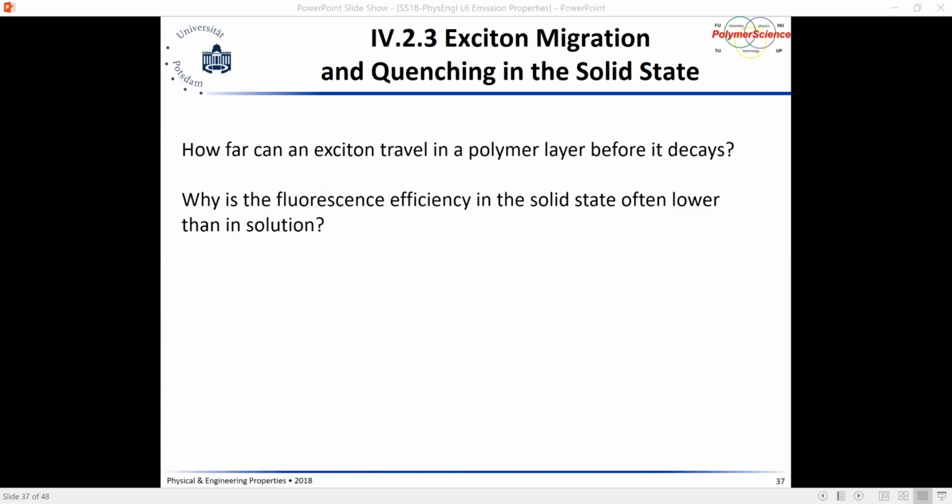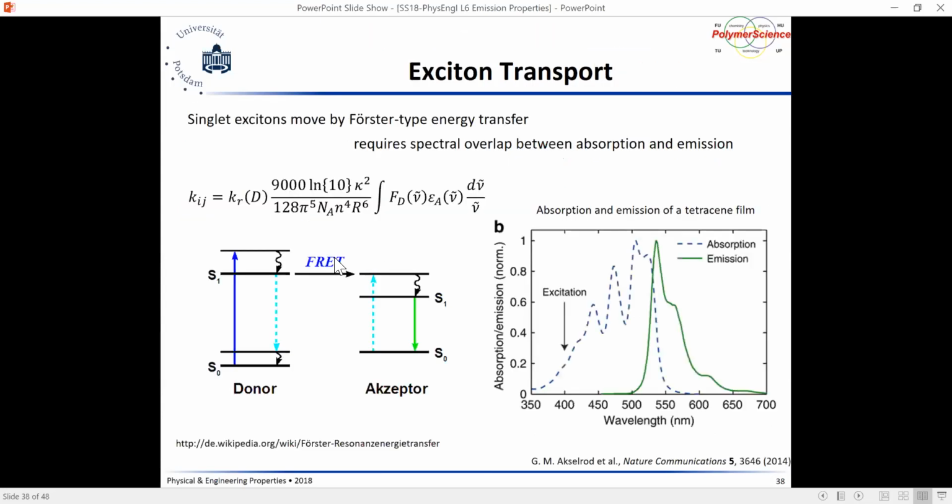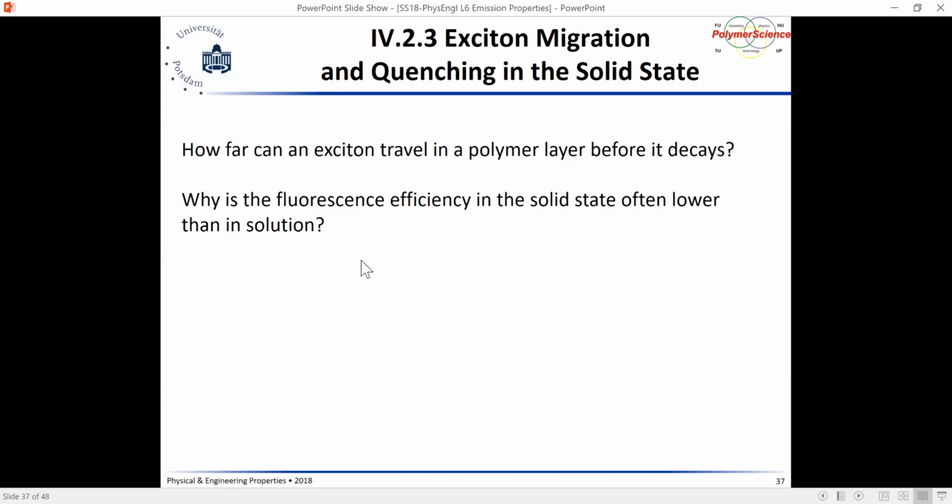Okay, so now we are on exciton migration. Now let's imagine instead of having just one molecule.